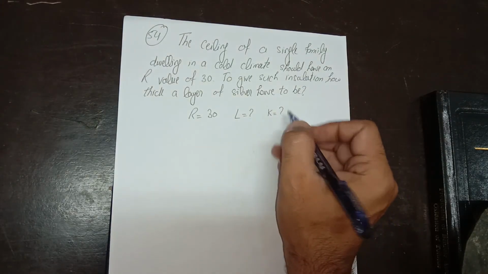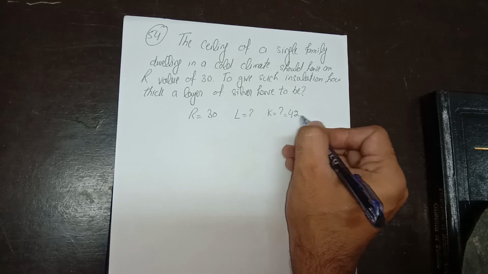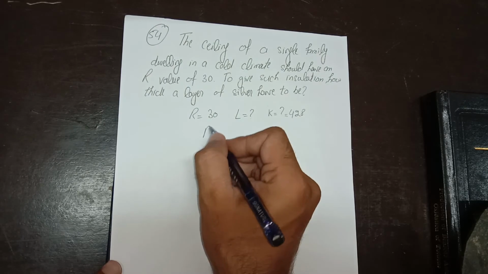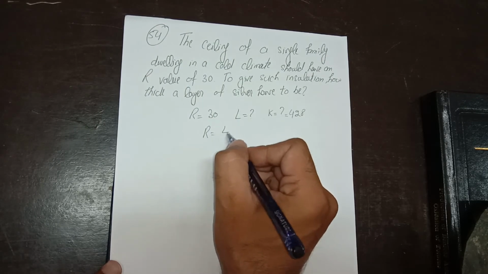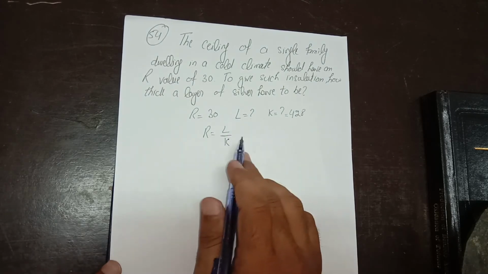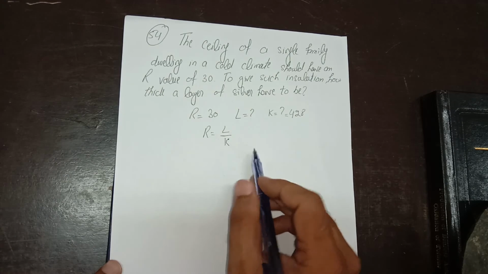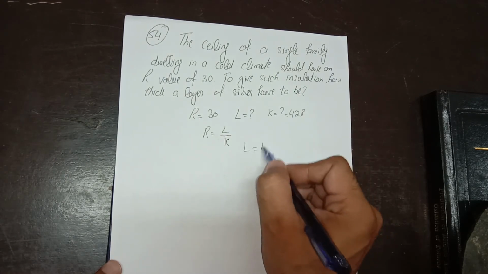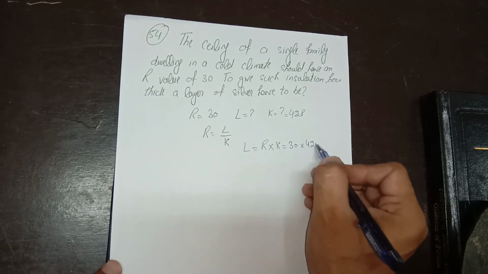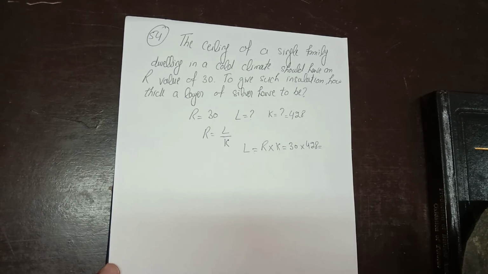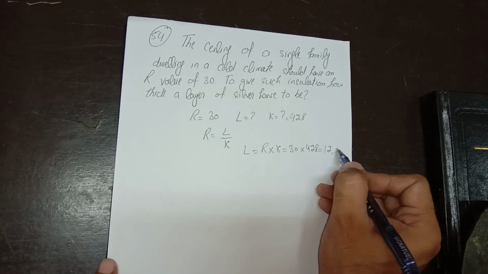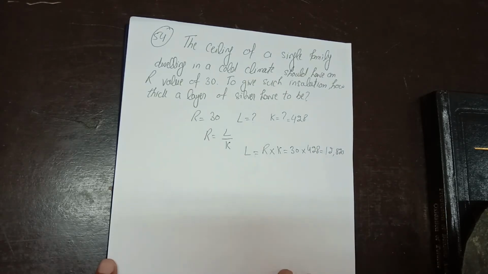From the table I know that K for silver is 428. Now R is equal to thickness over K, and I can find L by R times K, that is 30 times 428. This comes out to be around 12,820.